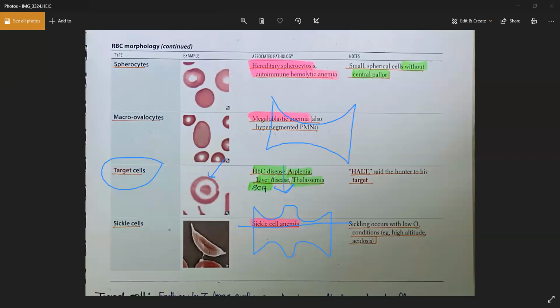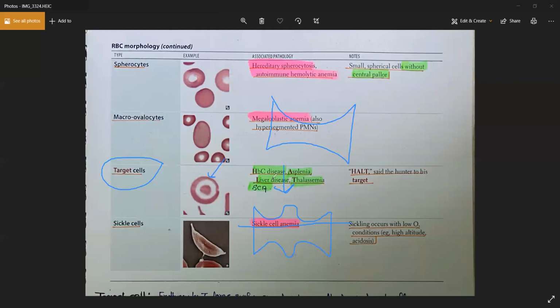And the same goes for liver diseases, because the liver is also involved in the conditioning of the RBC. It will remove the membrane of the RBC and make them biconvex shaped cells. So in case of liver diseases and asplenia, you can have the target cells.